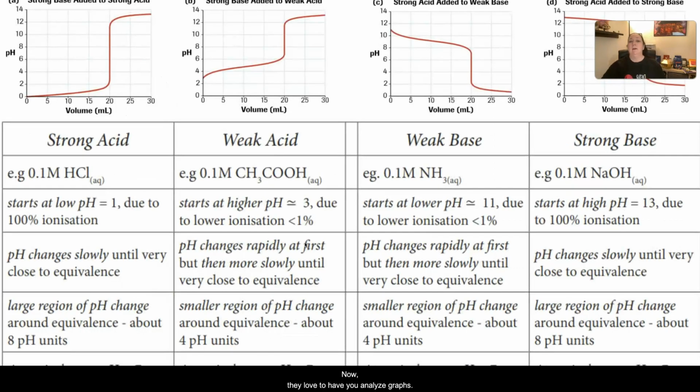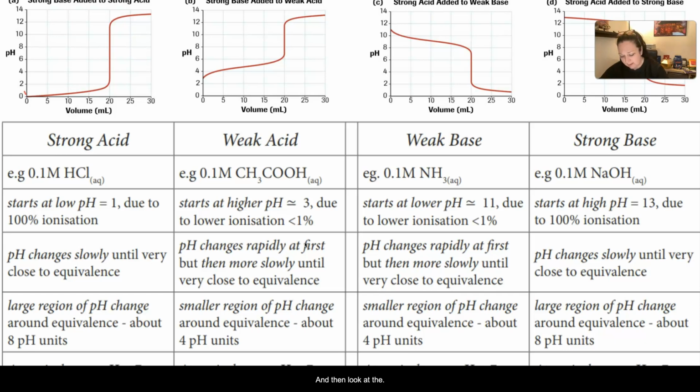Okay, now they love to have you analyze graphs. So these are some graphs that you can see, and the analysis is underneath, so it's already done for you. There's a lot of information, so let's just look at A. Notice in A that we are starting down here at pretty much 0, which is a really strong acid, right?